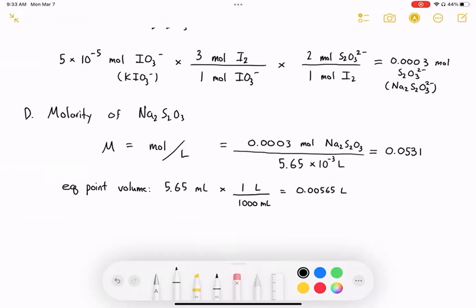So 3 sig figs, 0.0531 molar. So pretty good numbers. This is our answer here: 0.053 molar of our sodium thiosulfate.